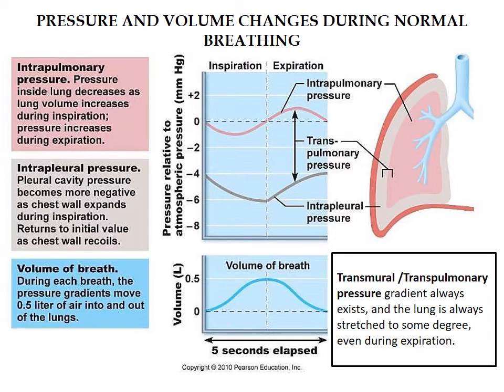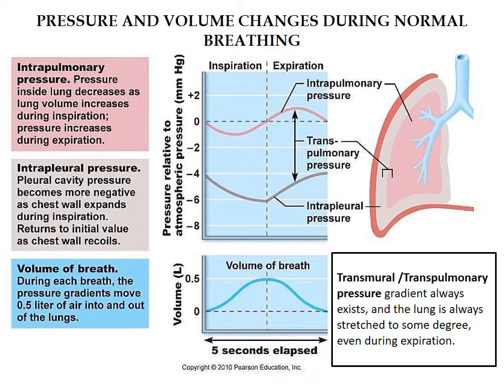This particular slide shows the various pressure and volume changes during normal breathing. You can see the intrapulmonary pressure, which is mentioned during inspiration. So this phase is the inspiratory phase. You can see that from 0 it changes to -1 during inspiration. Why is it changing from 0 to -1?